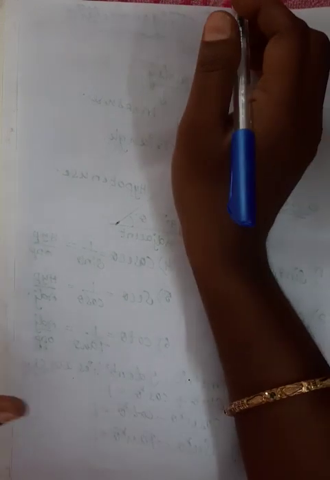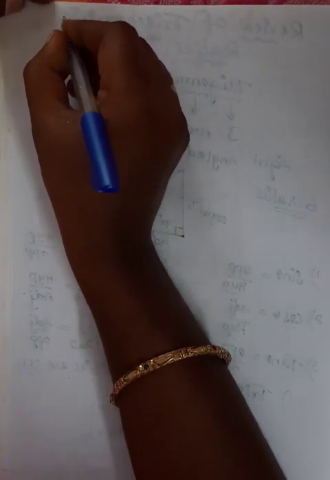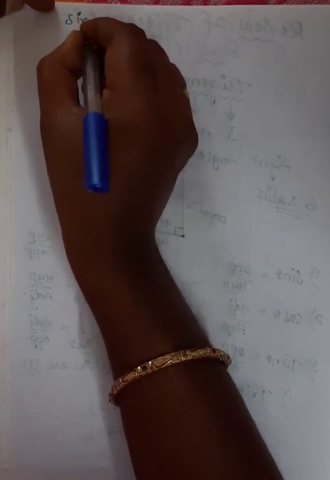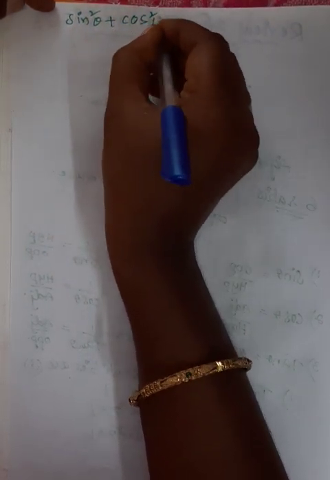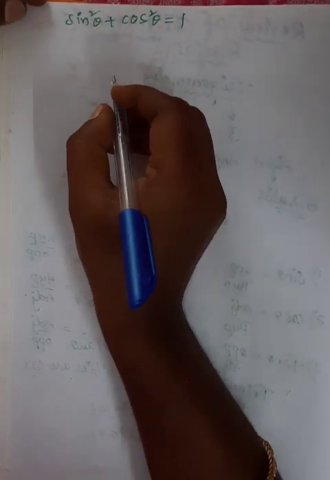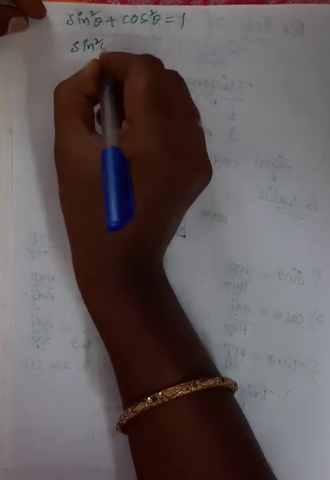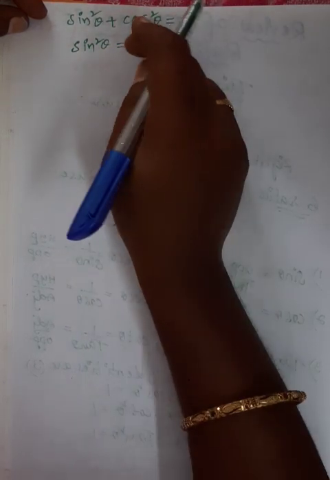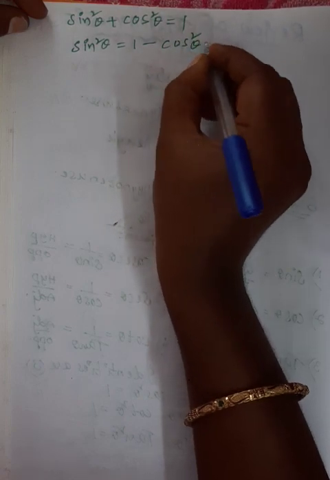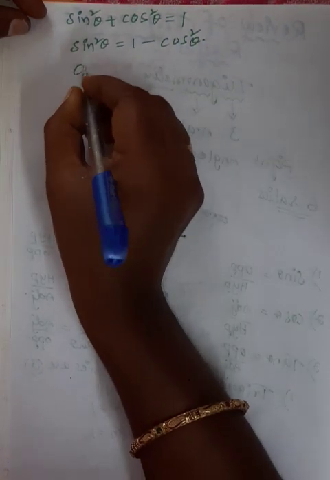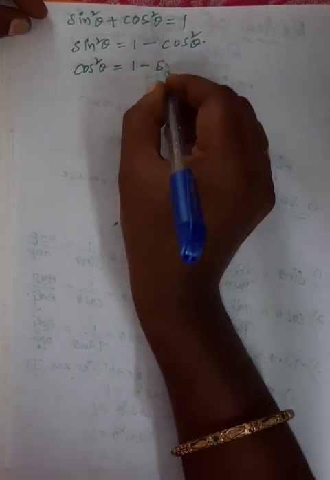From sin square theta plus cos square theta equal to 1, we can write these formulas. From this I can write sin square theta is equal to 1 minus cos square theta, sending it to the other side it becomes minus. Cos square theta is equal to 1 minus sin square theta.